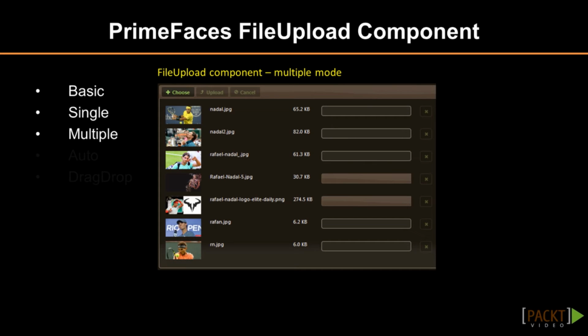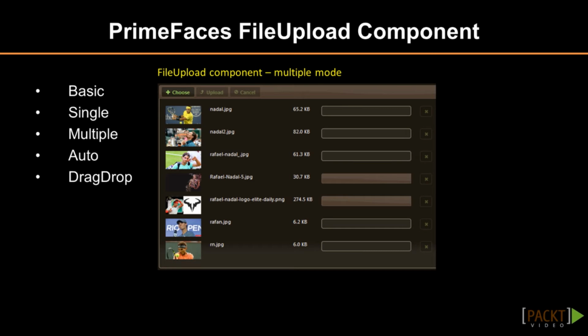Multiple, which allows multiple files to be selected from the file dialog. Auto, in this mode, the file upload begins after the file is selected. And finally, drag and drop, in which, in supported browsers, a file can be selected by drag and drop from the file system. The upload component itself is the drop zone.